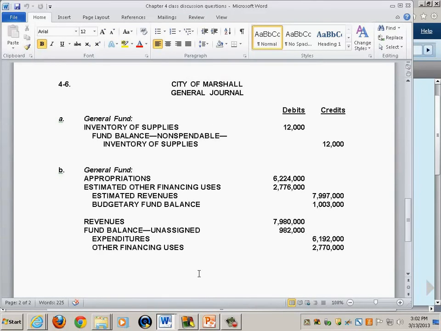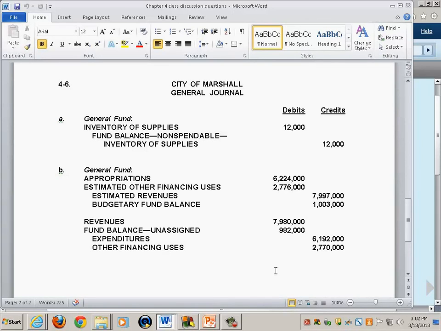There were supplies of $12,000 that increased from the previous year, so we debit 12,000 and credit the non-spendable, in the same exact way we had done previously of closing the general fund accounts. The reverse of where we started, right?